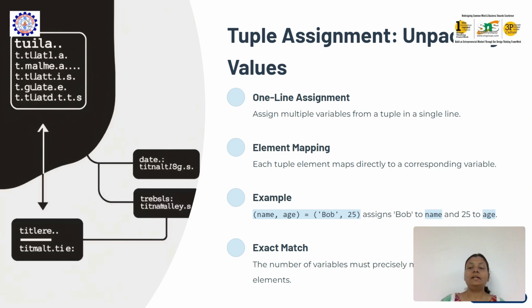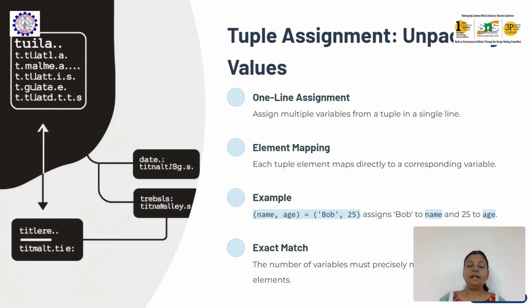Tuple assignment: one line assignment, element mapping, and exact match. Let's discuss one by one. One line assignment assigns multiple variables from a tuple in a single line.